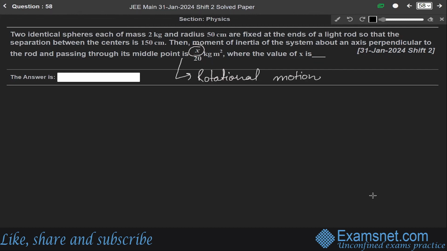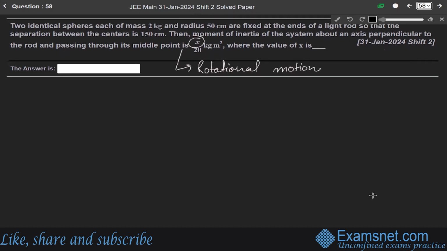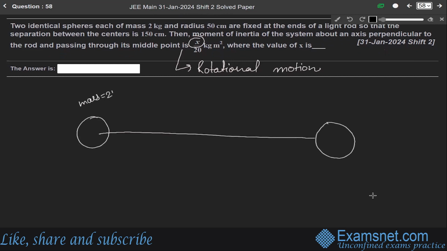Now according to the question, there are two identical spheres, each having a mass of 2 kg and radius r of 50 centimeter. Here also the mass is 2 kg and radius r is 50 centimeter. 50 centimeter means 50 over 100, equal to 1 by 2 meter.